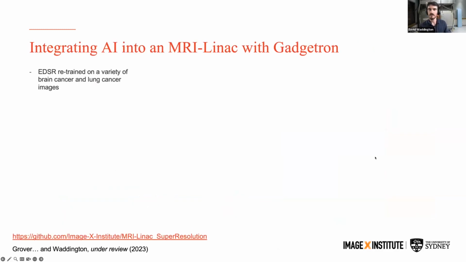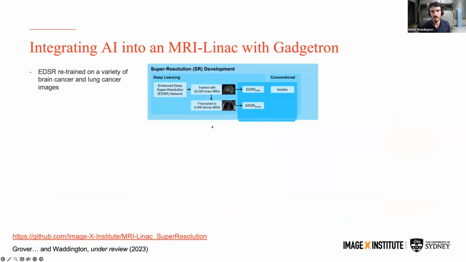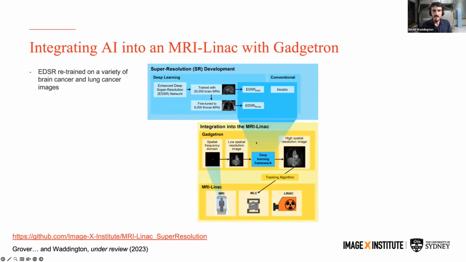So in our case, to integrate this AI super resolution into the MRI Gadgetron, we retrained the network on a bunch of brain cancer and lung cancer images, depending on the particular application. I'm showing lung cancer here. We trained the network on synthetically downsampled images from a 3 Tesla scanner, and then we plugged this into our workflow.